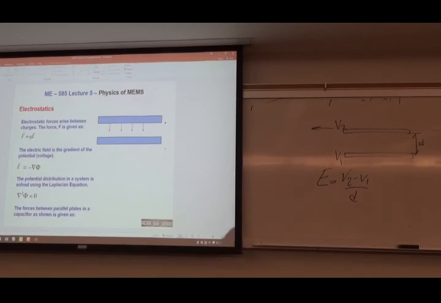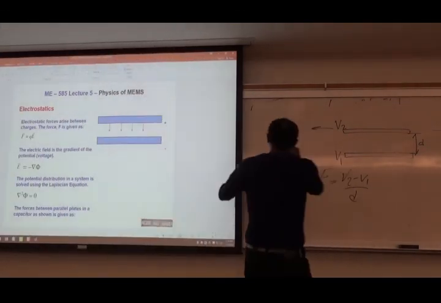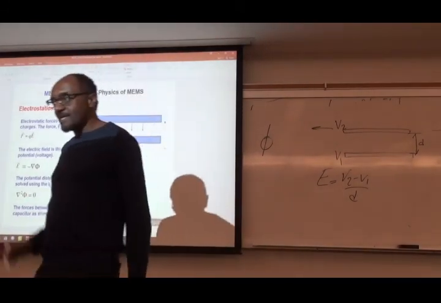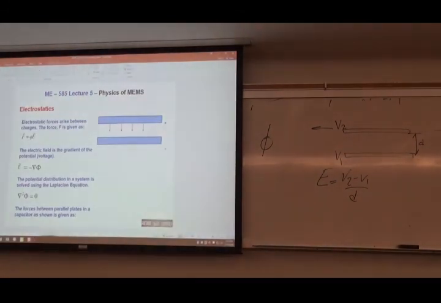And potential is given typically as phi. Okay? And this quantity is a scalar potential. It's a scalar quantity. It's the same as voltage, it doesn't have any direction. It's independent of direction. Okay?